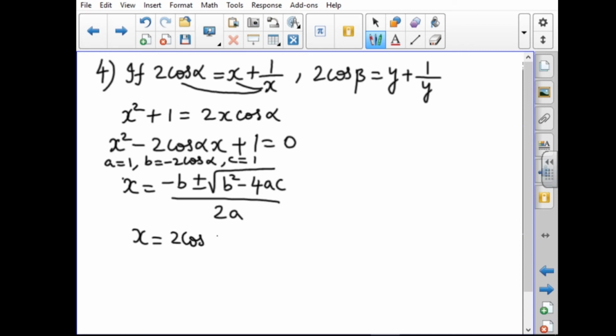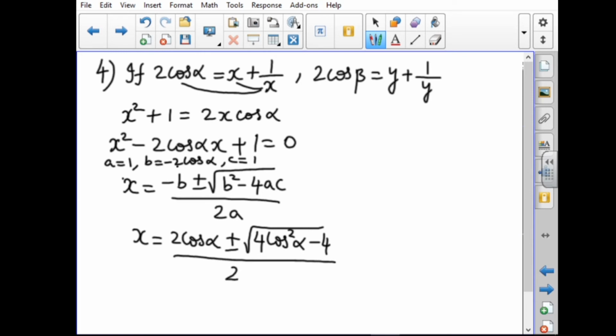So 2 cos alpha plus or minus root of minus whole square will become plus, 2 square is 4 cos square alpha, minus 4 into ac. a is 1 and c is 1, so minus 4, divided by 2 into 1, that is 2.